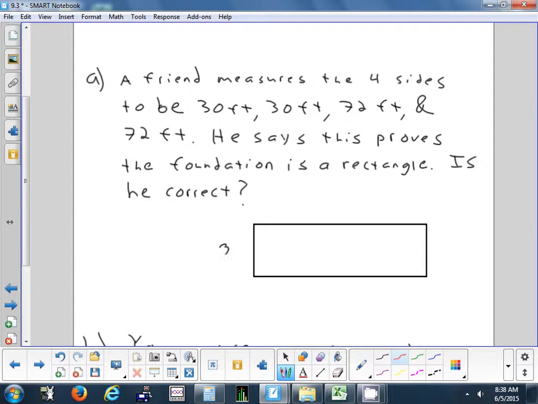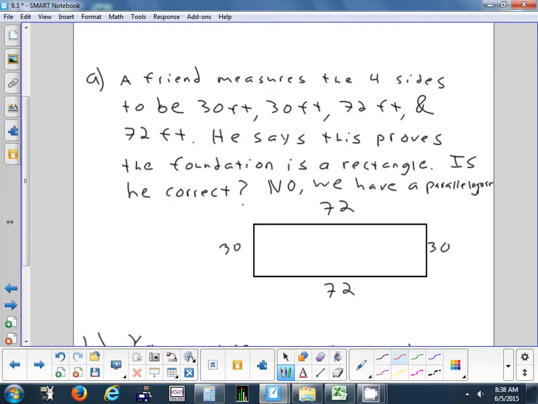If this is 30, and this is 30, we've got opposite sides that are congruent. 72, 72. If you have opposite sides congruent, all you've done is prove it's a parallelogram. I think this was in the homework. So is he correct? No, sir. We have a parallelogram. So all we have is a parallelogram.